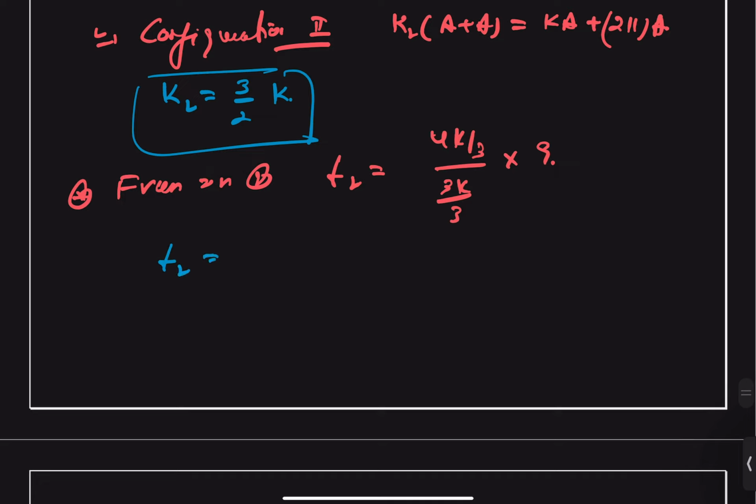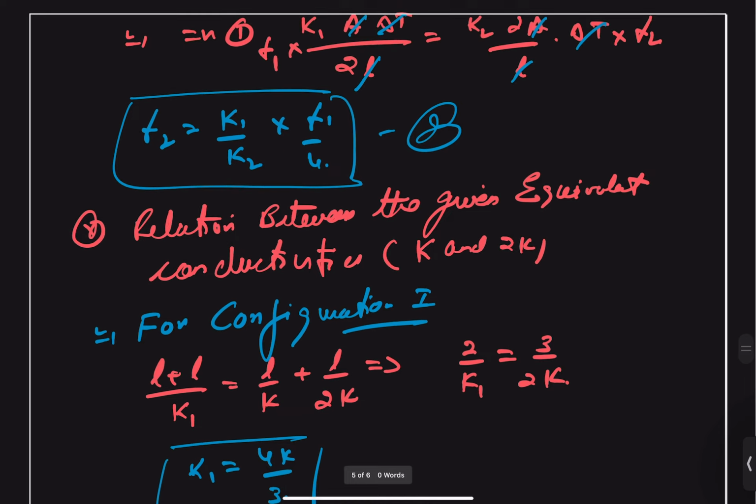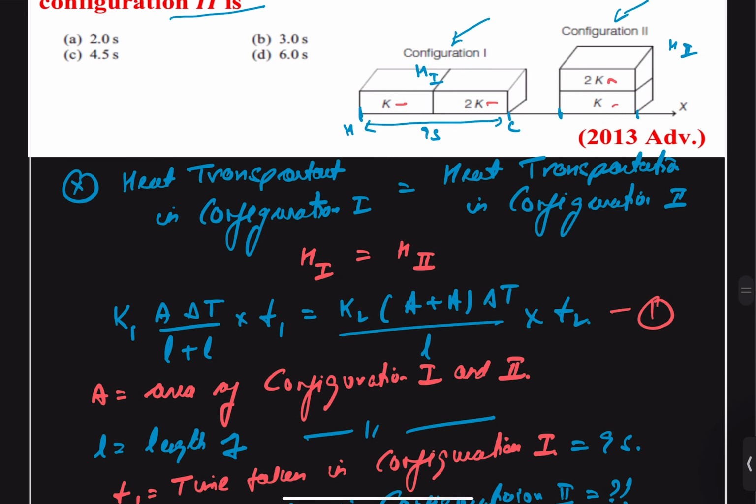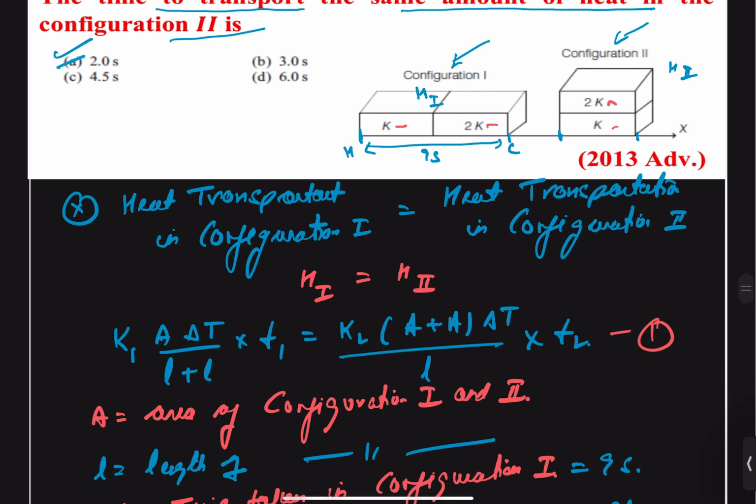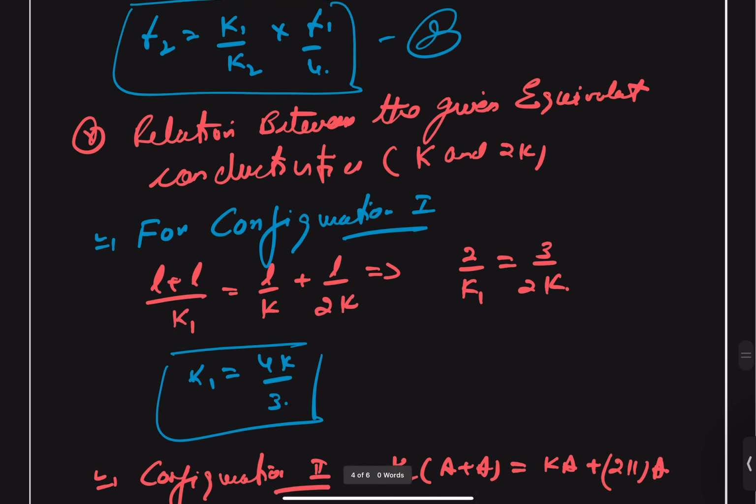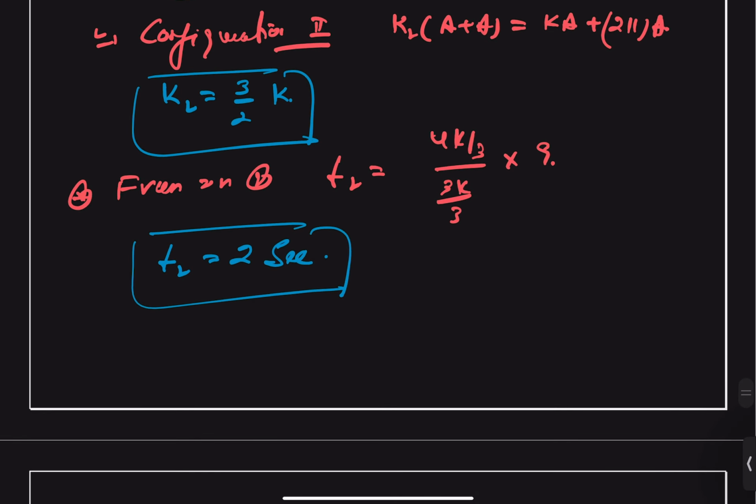We can say T2 comes out close to 2 seconds. So if we check the options, option A is the correct one. So this completes the question. Thank you.